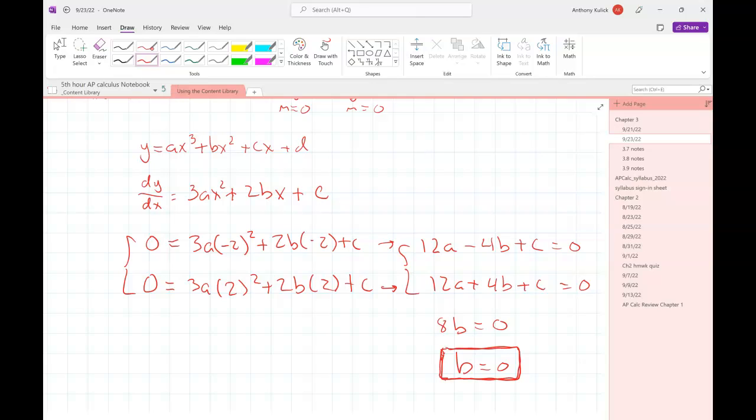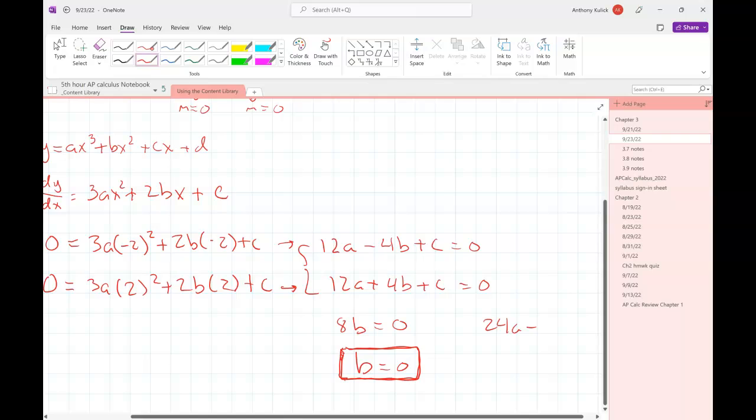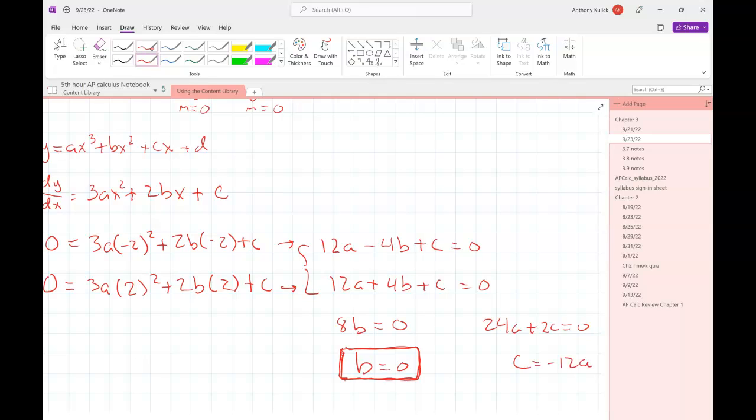I'm going to have a problem trying to solve for a and c, right? Well, I can say that 24a plus 2c is equal to 0. I don't know if this is going to be helpful or not. So c is going to equal negative 12a. I don't know if that'll work out for me to be helpful or not.